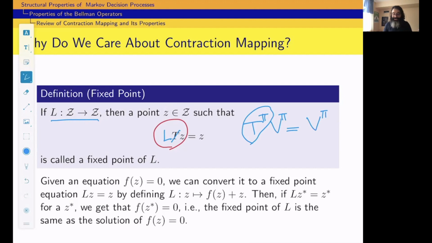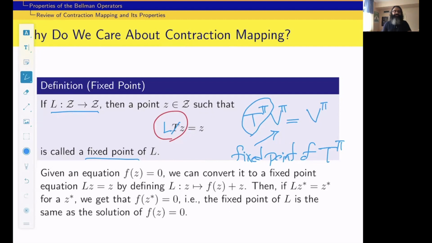The point Z that satisfies this is called the fixed point of L. So based on this definition, it's the fixed point of the Bellman operator, T^pi. So this is the connection, and we are going to use that connection. So this is a definition of fixed point. I'm going to mention it several times probably through the course.